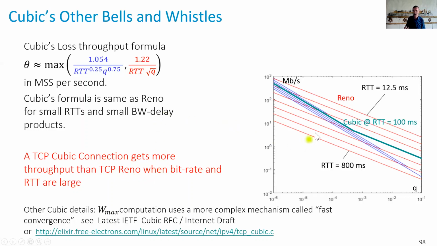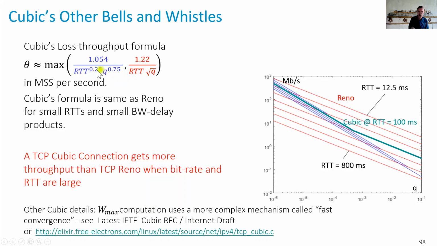When? Well, when we are in this region on the left, which means when the loss probability is small, which means when the bandwidth is large, or also when the RTT is small, which is a bit complicated to analyze, but this is what happens in reality.